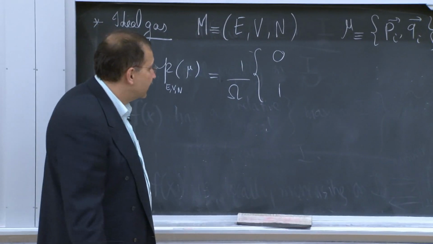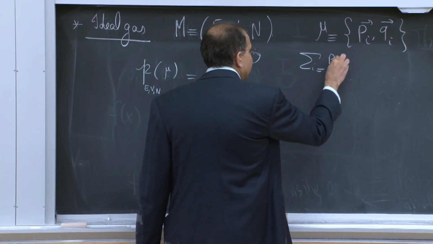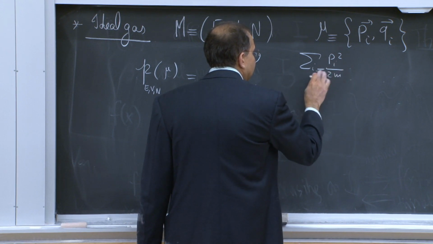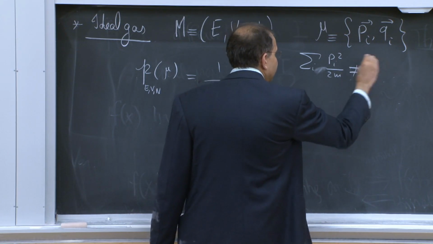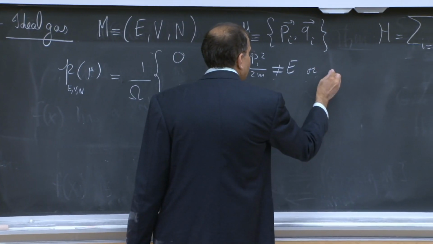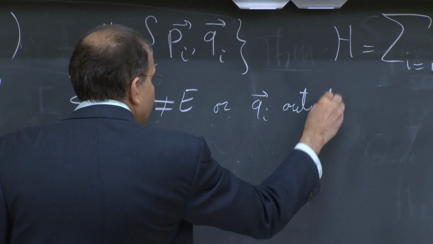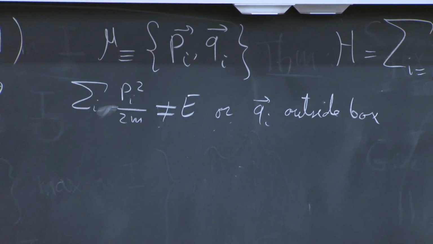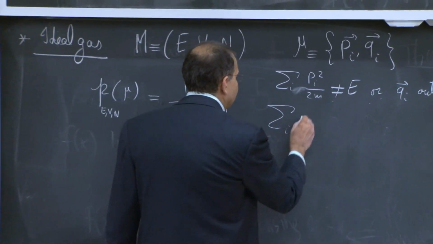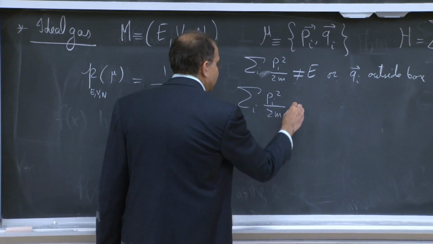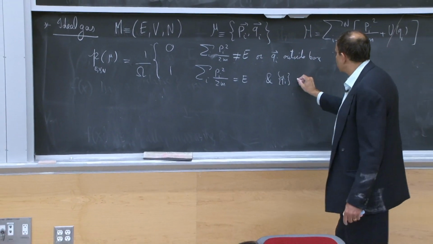And since for the box the energy is made up of the kinetic energy, it is 0 if the sum over i of p_i squared over 2m is not equal to E, or a particle q is outside the box, and it is the same value 1 over omega if the sum over i of p_i squared over 2m is equal to E and the q_i's are all inside the box.